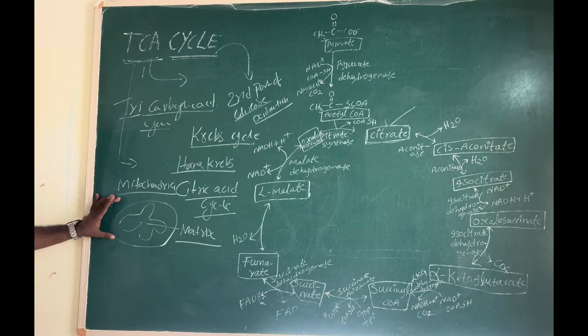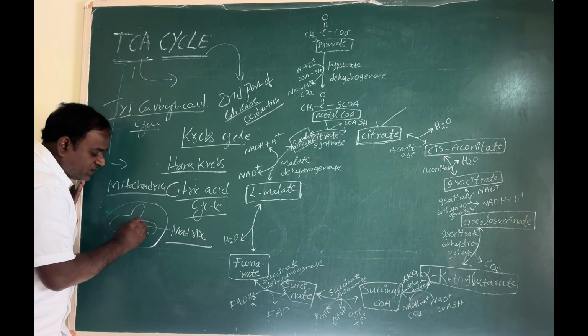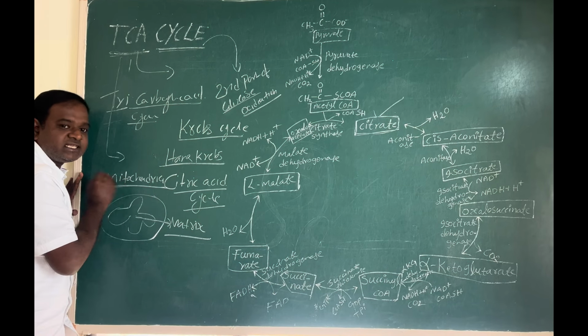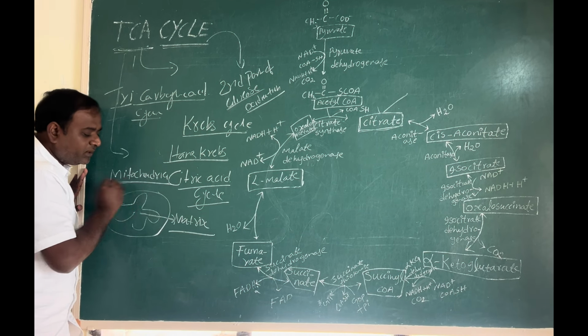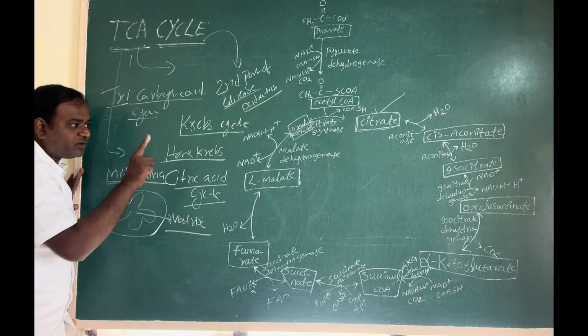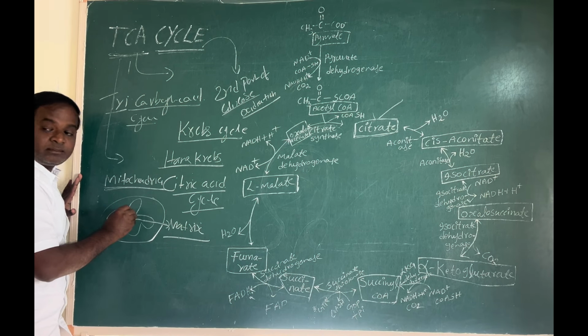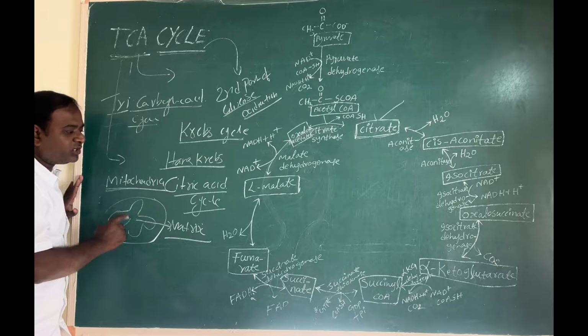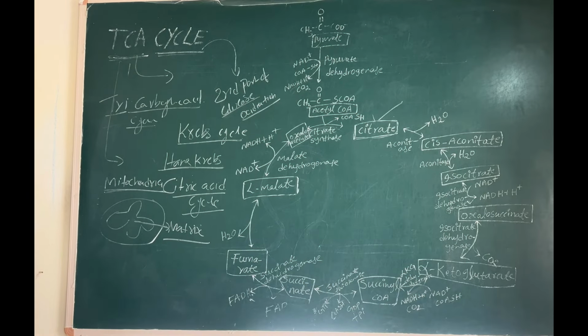This is the mitochondria. Here it is the matrix. In the mitochondrial matrix only, the TCA cycle is occurring. Why? Because all the enzymes of the TCA cycle are present in the mitochondrial matrix only. That's why the TCA cycle occurs in the mitochondrial matrix.